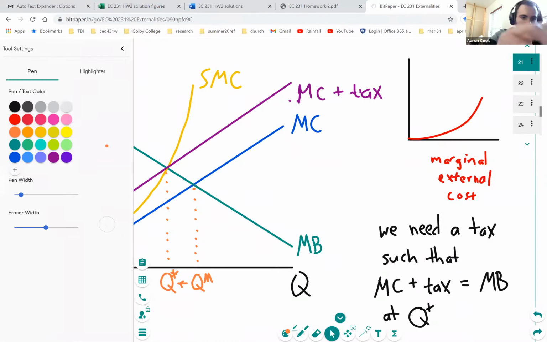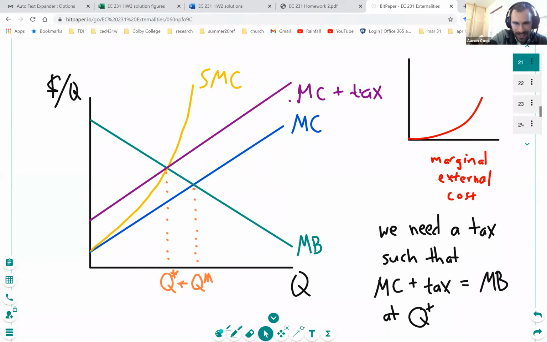And let me just point out that the level of that tax is the height of this bright green line right here. It's the height between the marginal benefit curve and the private marginal cost curve at Q star.